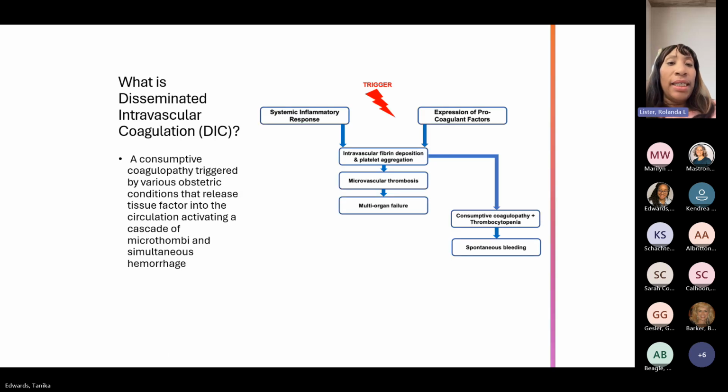So what exactly is DIC? It is a consumptive coagulopathy, meaning that the clotting pathway goes completely haywire. And there's activation of clotting molecules, and then concurrently that consumes all the ones that should be circulating in the bloodstream.